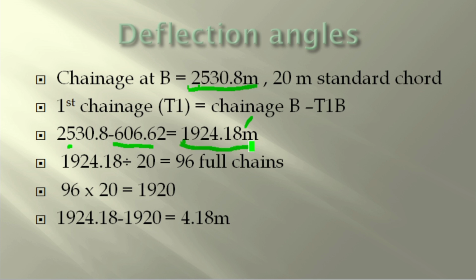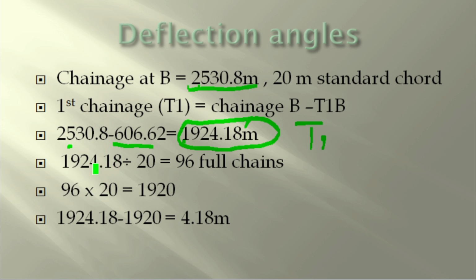So the chainage at T1 is equal to 1924.18 meters.